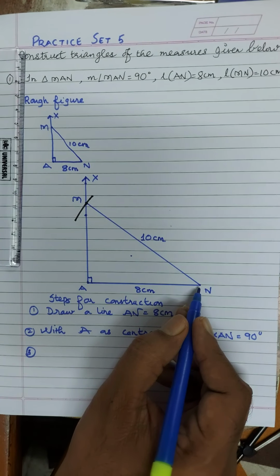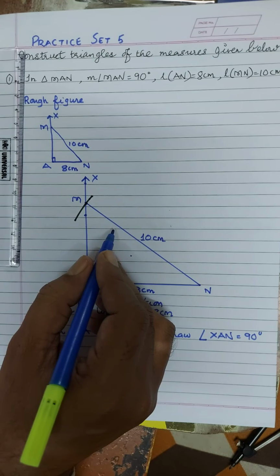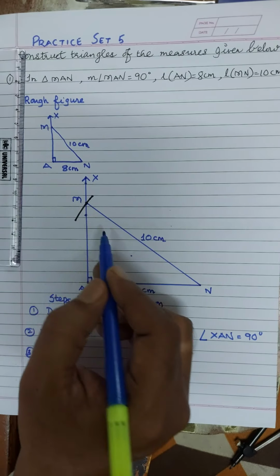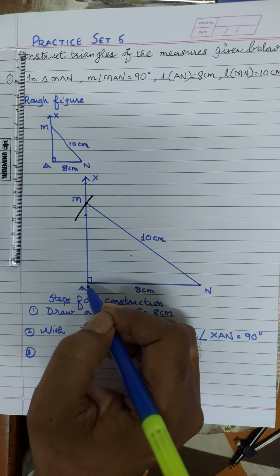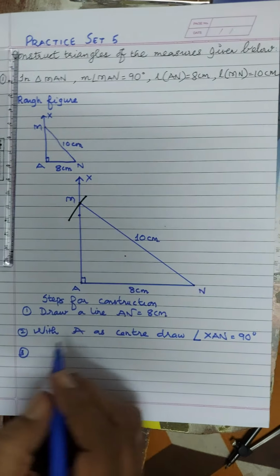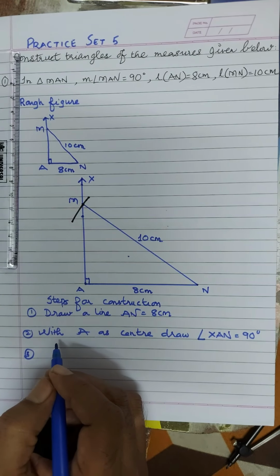Now with N as a center and taking 10 centimeter as a radius, cut an arc on XA, and name it as point M. So we write like this.